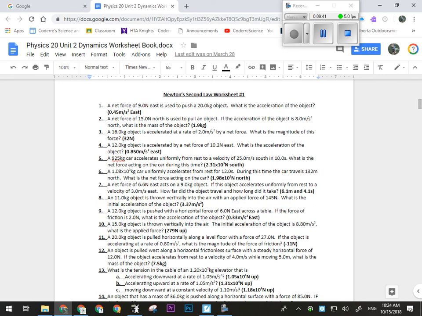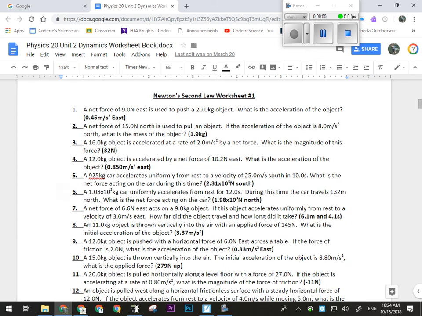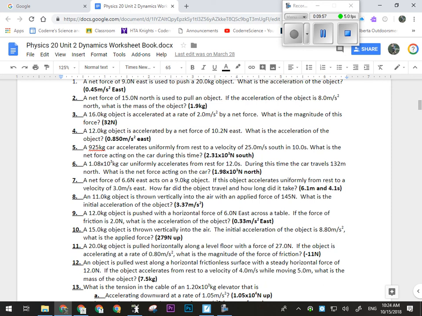Newton's second law, worksheet number 1 is what you're going to be working on. They start out ridiculously simple, and they will become more difficult as it goes along. You'll have some where you might have to do some trigonometry even, but for the most part, they start out fairly straightforward. You guys can get going on those. If there are ones that give us trouble, then we'll go over them together.